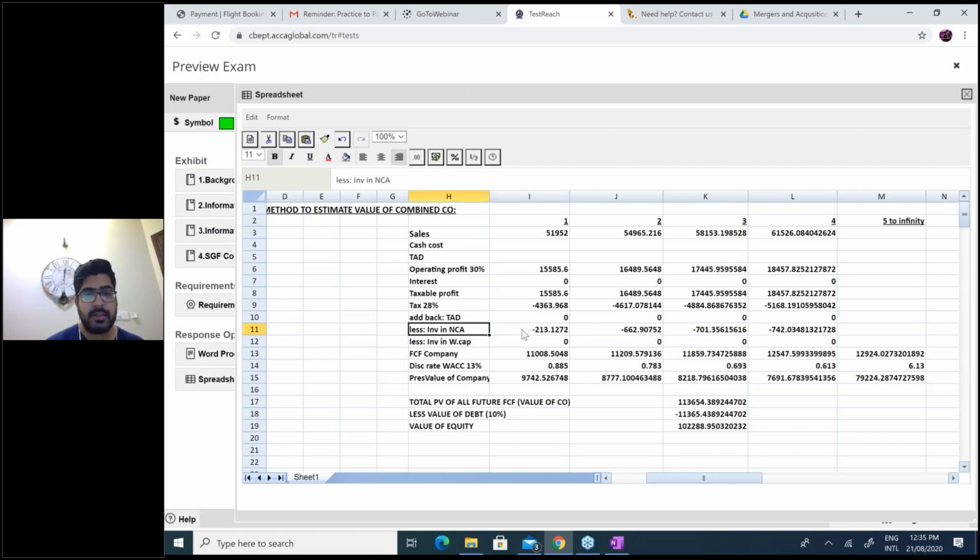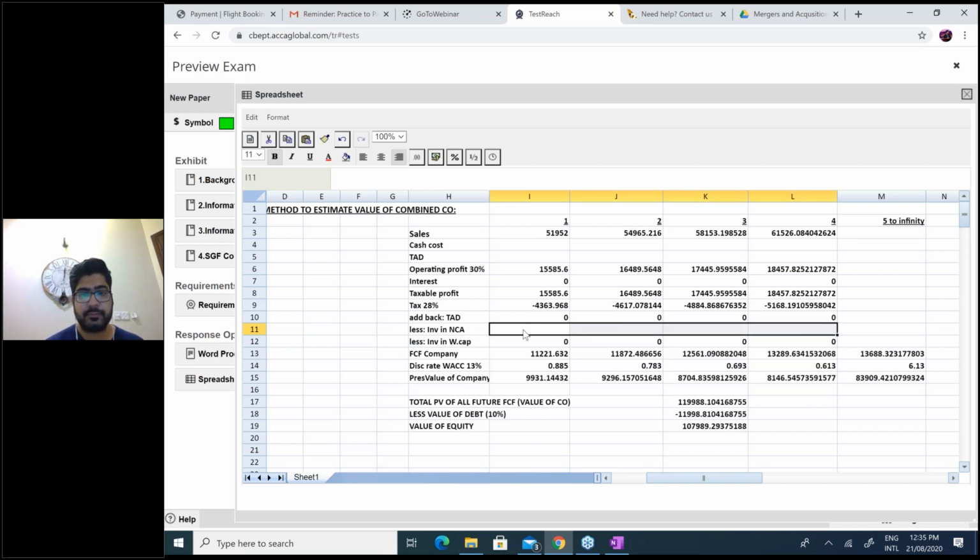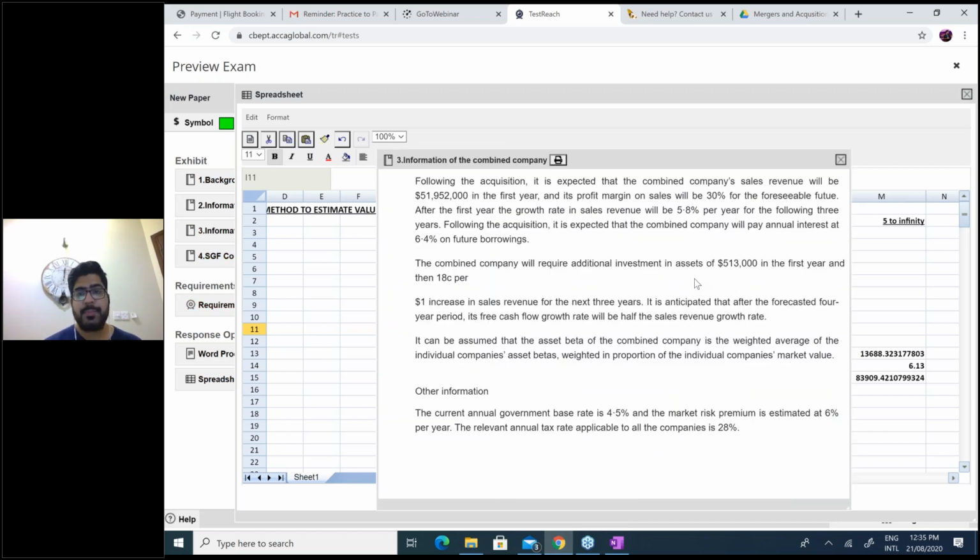The question stated the combined company will require additional investment in assets of 513,000 in the first year. So our first year is 513,000, and then 18 cents, 0.18 per dollar of increase in revenue for the next 3 years.